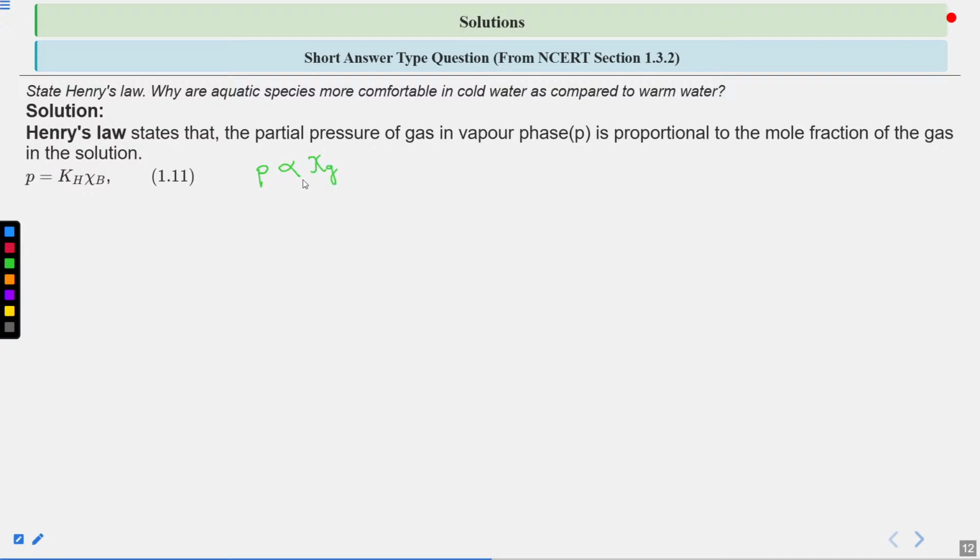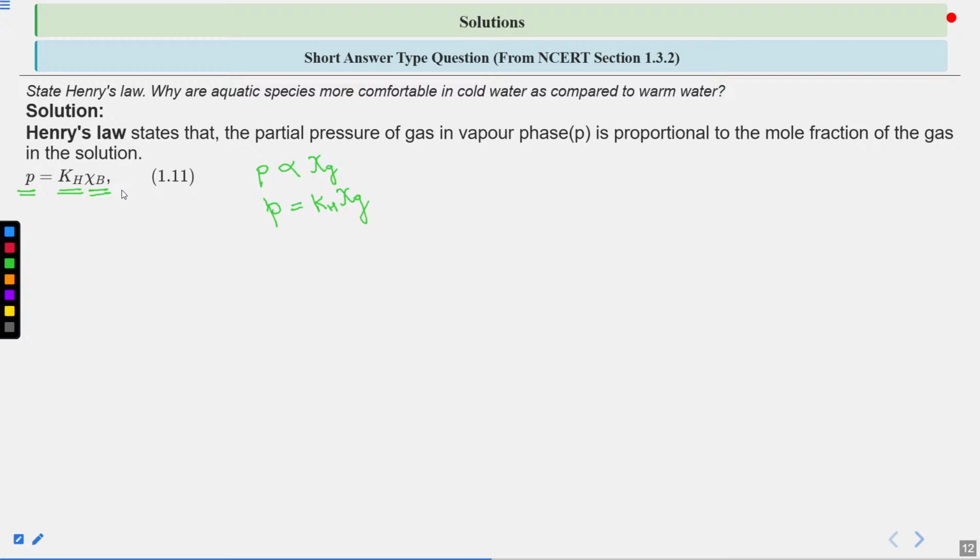Now, when you remove this proportionality sign and put an equal to mark, one constant will come, that constant will be Henry's constant, and the chi g will be the same. So the equation will be P equals kh times chi of B. This equation is marked as 1.11 in our NCERT textbook in the chapter Solutions.